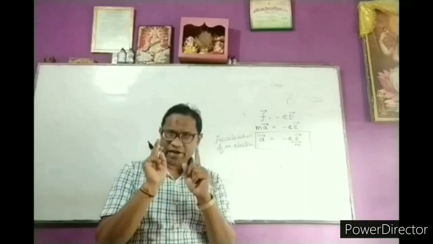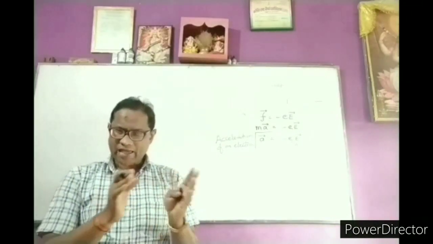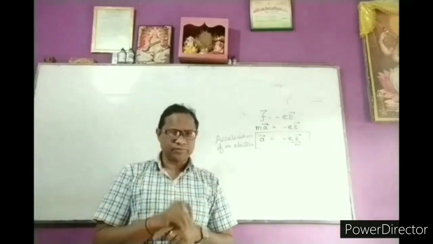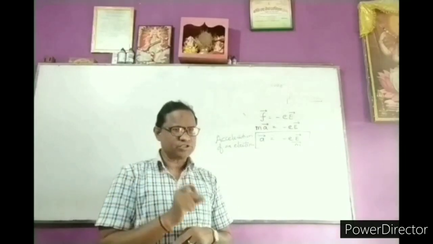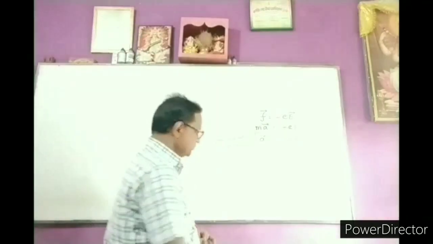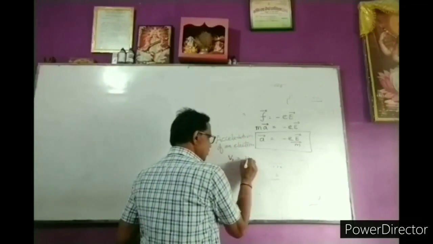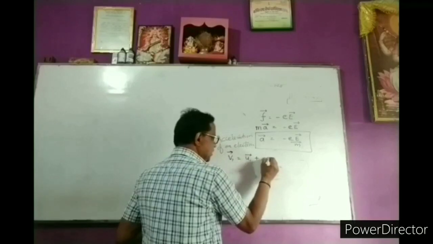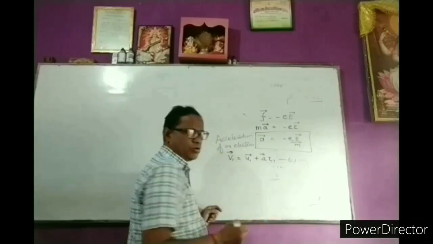If an electron having random thermal velocity u1 accelerates for time tau 1, then it will attain a velocity v1 is equal to u1 plus a into tau 1.